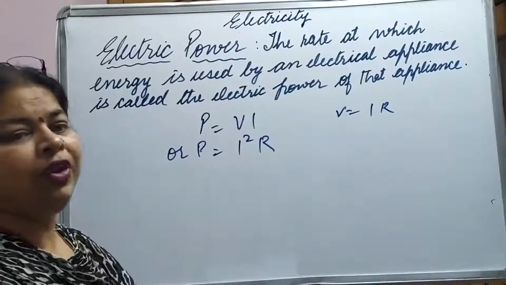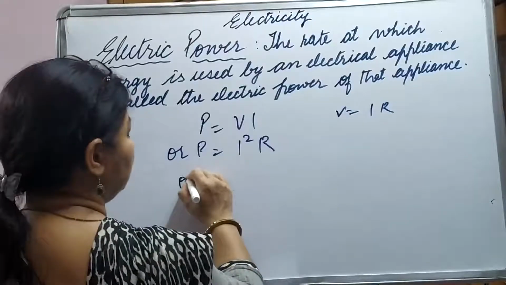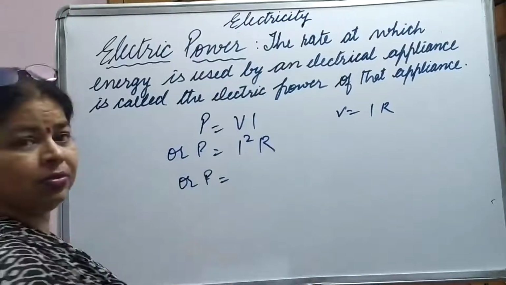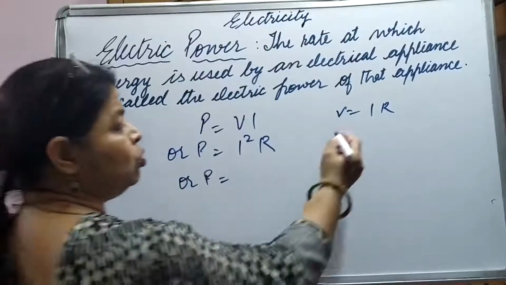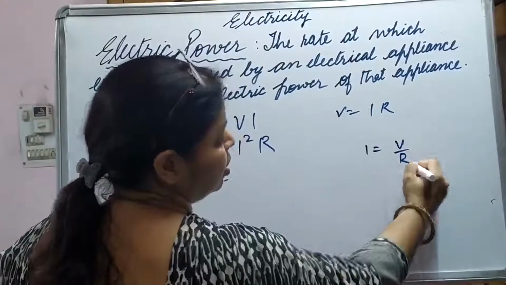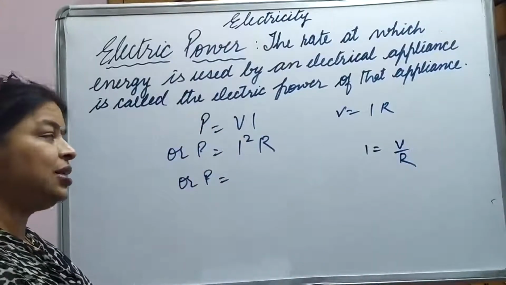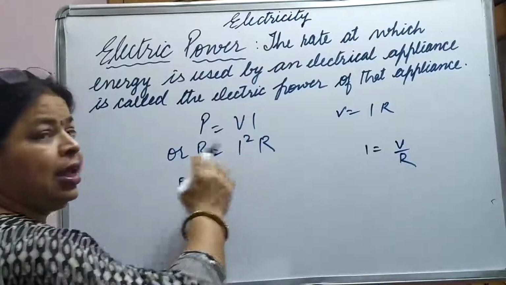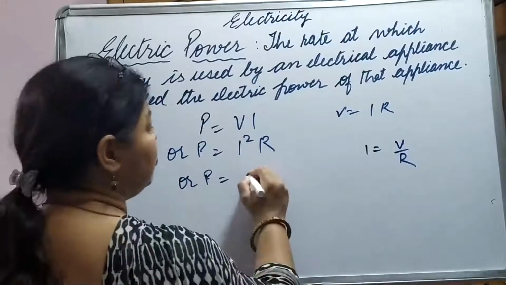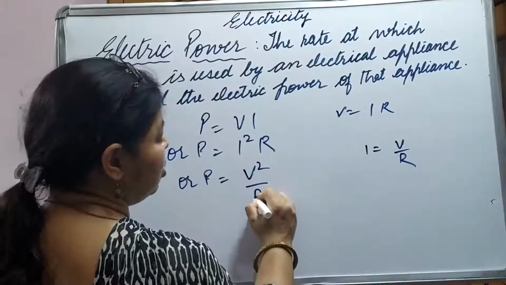Fine. Or we can also write P is equal to, if I replace I according to Ohm's law, what will I become? I will become V upon R. So if I replace I by V upon R, then it will become V square upon R square.